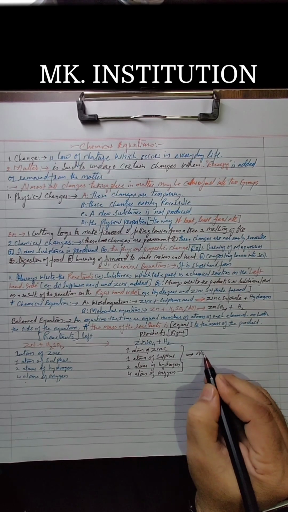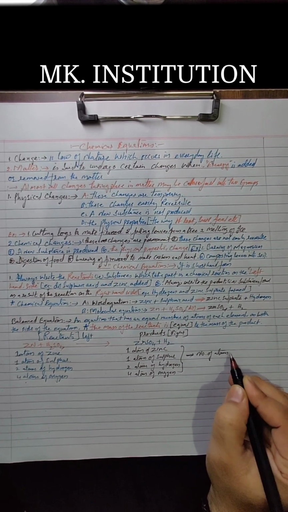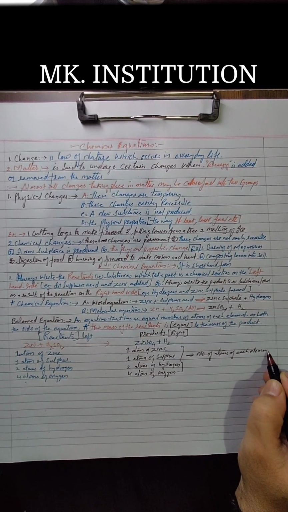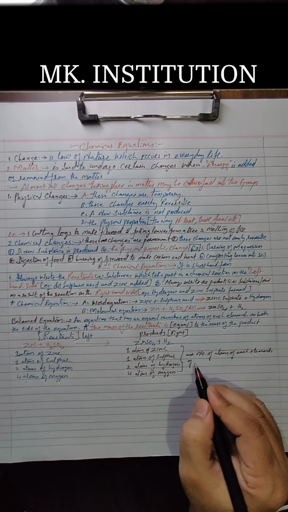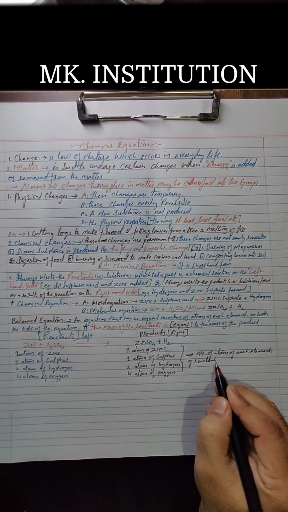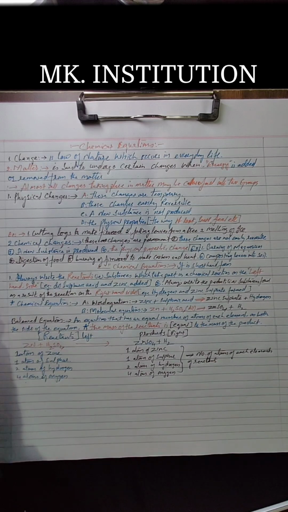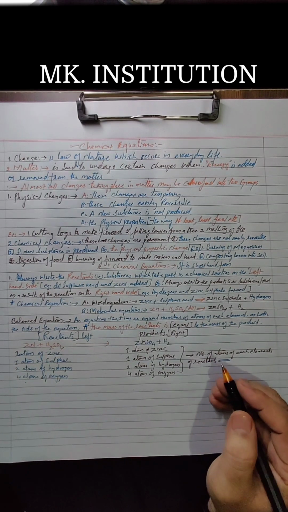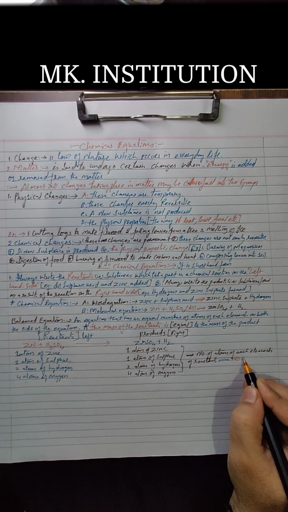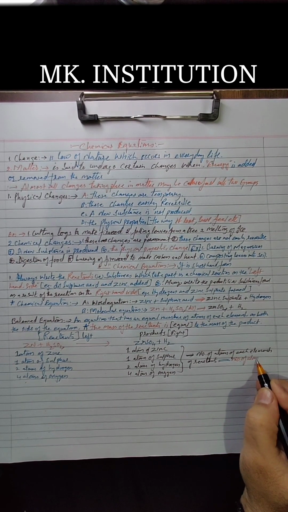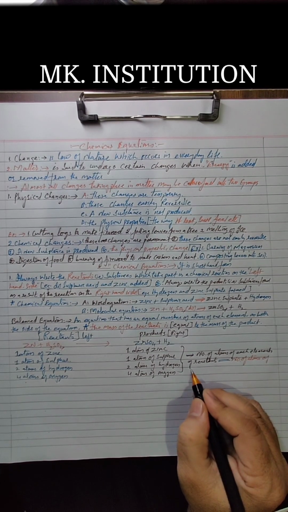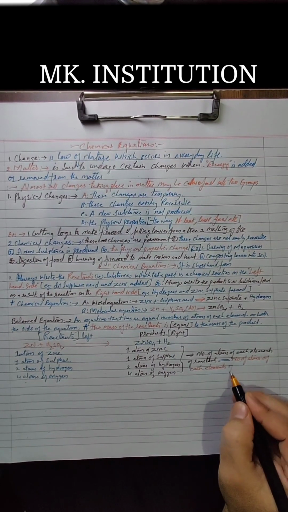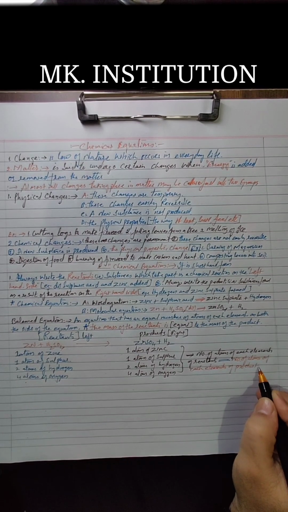What do you write here? The number of atoms of each element of the reactants are equal to the number of atoms of each element of the products.